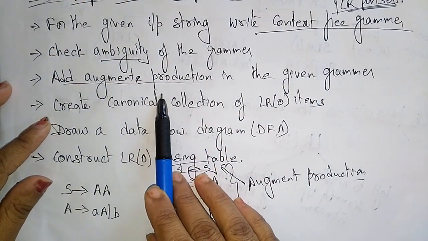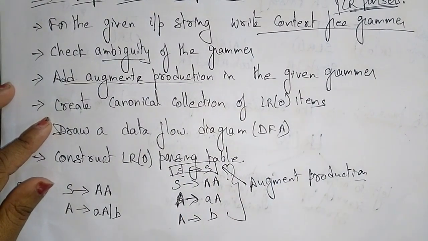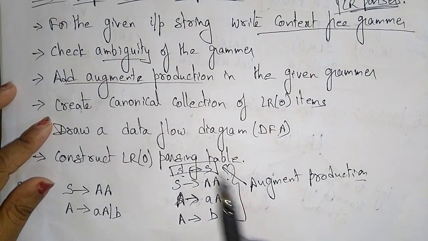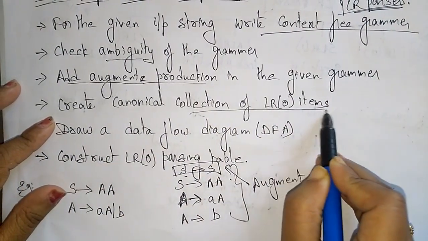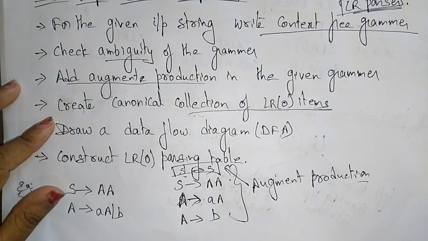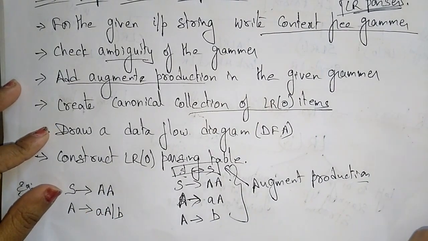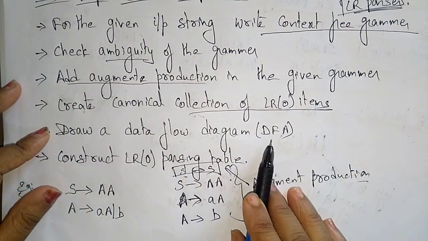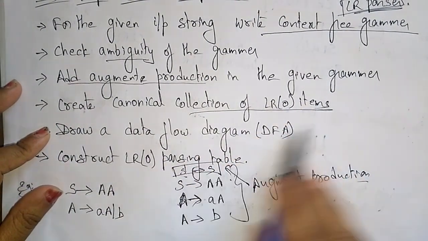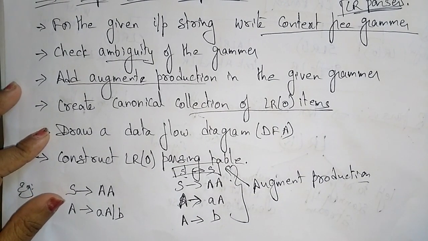After checking the context-free grammar and ambiguity, and adding the augmented production, you create the canonical collection of LR0 items, as I said in the previous video. After finding the canonical collection of LR0 items, draw the DFA diagram for those items.